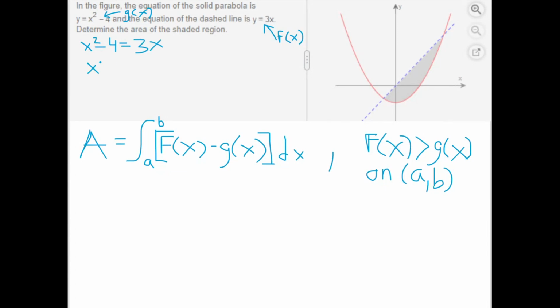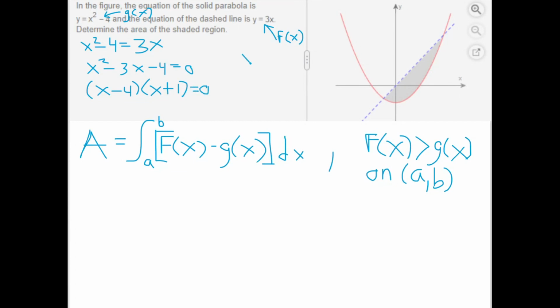That's x squared minus 3x minus 4 equals 0. Factoring this is pretty easy. It's x minus 4 times x plus 1 equals 0.